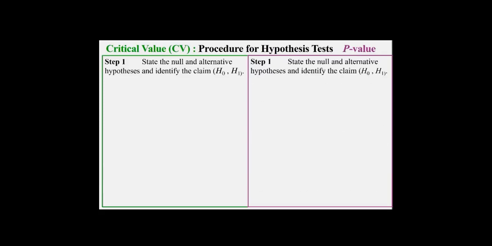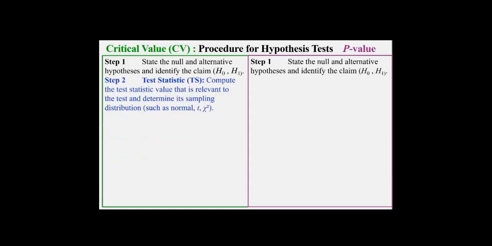Same thing for the p-value, it makes no difference. The next one is to calculate the TS, short for test statistic. Now that means you can calculate the Z, T, or chi-square, and the same thing happens with the p-value.